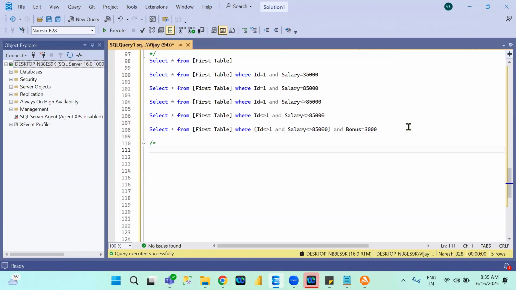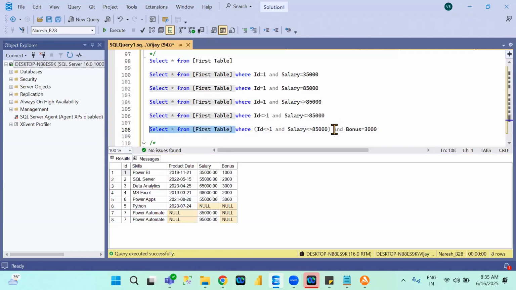Is everyone clear about what I am saying? To execute this, first you have to check these two conditions. Which records are satisfied in these two conditions? Except the first, the seventh, and the fifth, sorry, sixth.